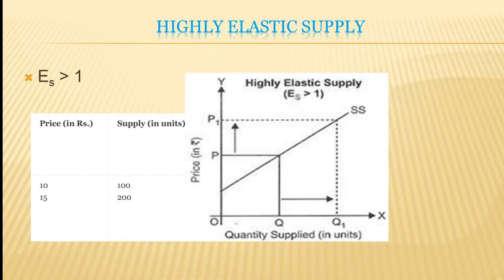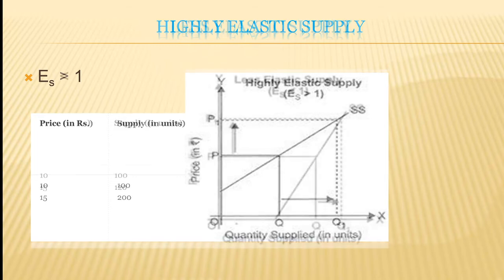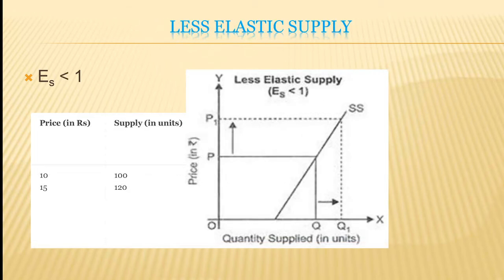So that is highly elastic supply. And next one is less elastic supply. If the price is 10 rupees, the supply will be 100 units, and if the price is 15 rupees, the supply will be 220 units, and here the elasticity is less than 1.